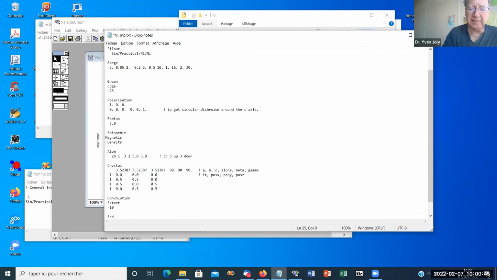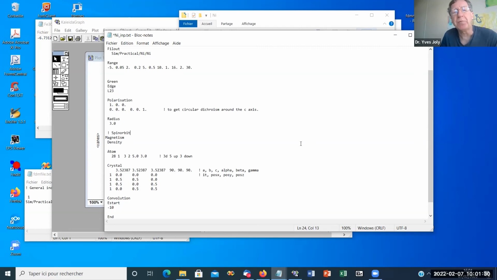If you write just magnetism, the calculation will be magnetic, but at a K edge you have no effect on dichroism, because to have dichroism, XMCD, X-ray magnetic circular dichroism, we need spin orbit, and at the K edge the core state is L equals 0, it's 1s, so you don't have spin orbit.